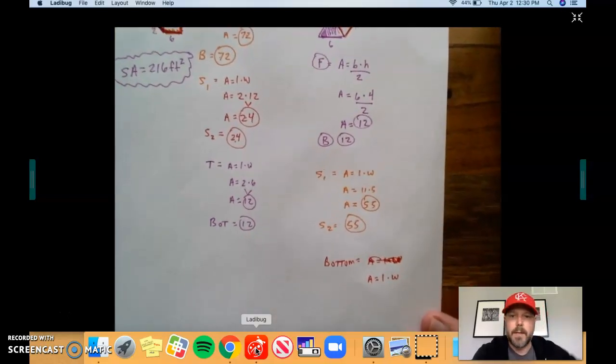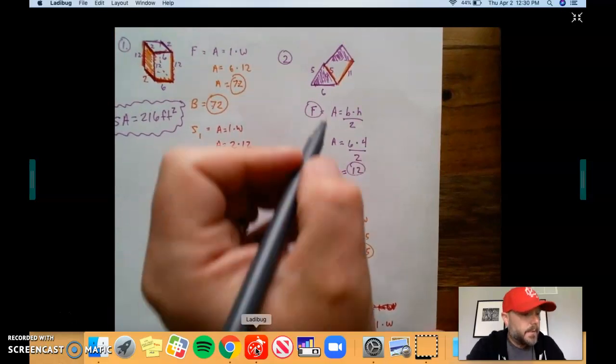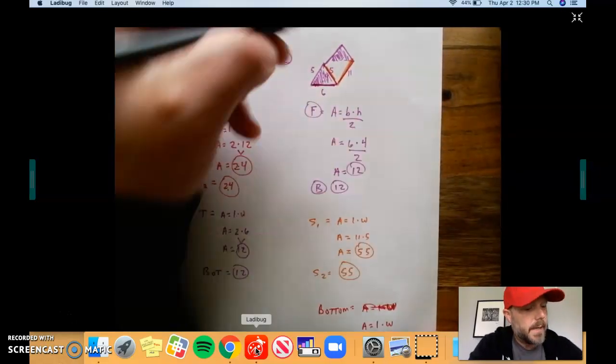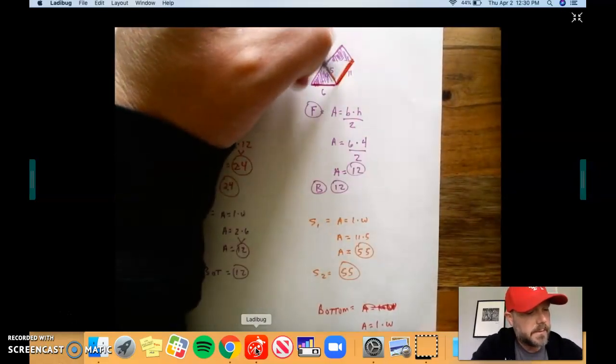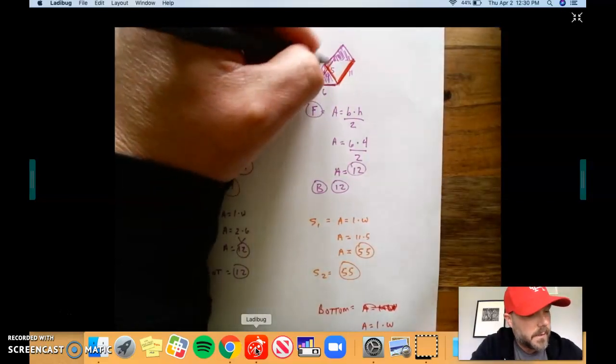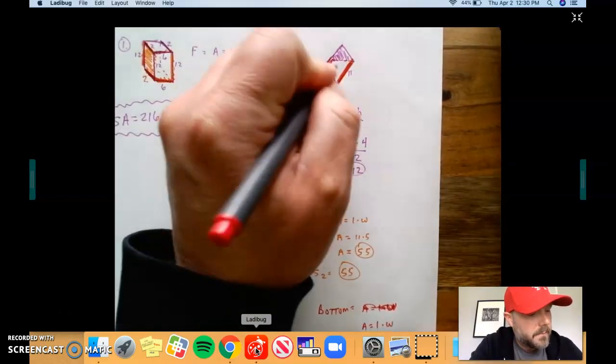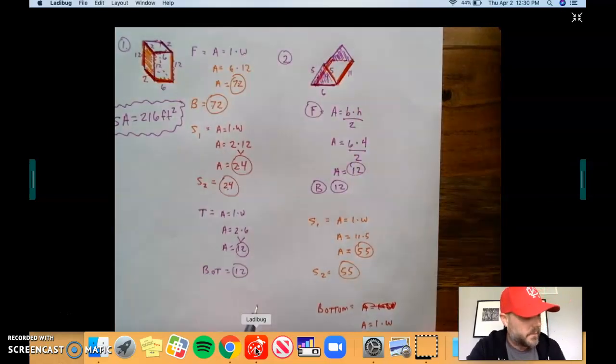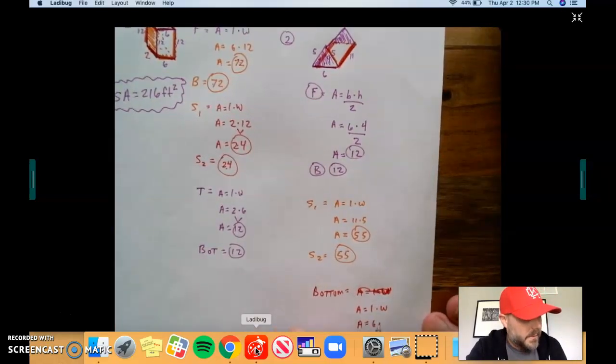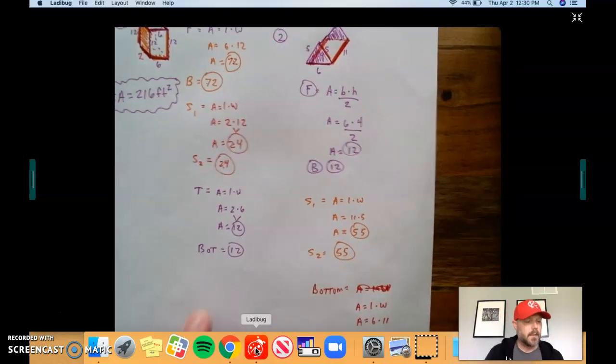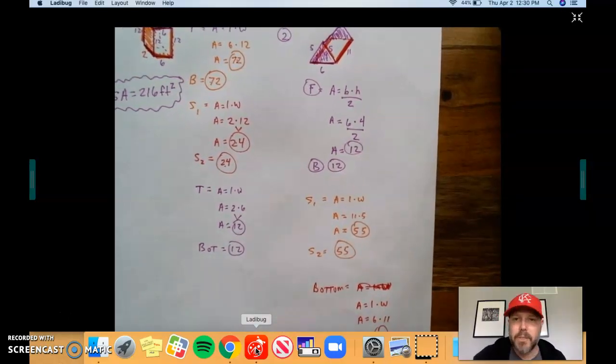And the bottom is 6 by 11. Do you guys see that? 6 and 11, okay? I'm doing this bottom rectangle, 6 and 11, okay? So area equals 6 times 11, and I know that that is 66. And remember, there is no matching side to the bottom, okay, because it's a triangular prism.